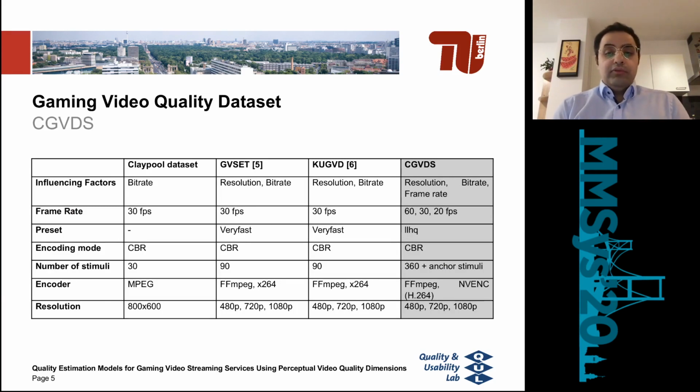The next point is that we need to have access to a gaming video dataset. Unfortunately, I cannot explain all these datasets here, but we found only 3 gaming video datasets, which was not enough to make any proper video quality model for gaming content.